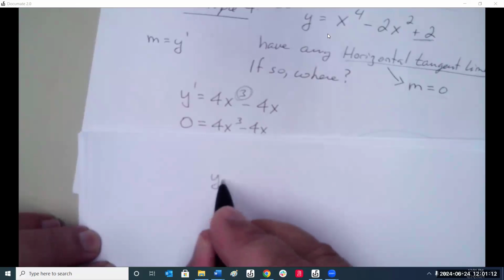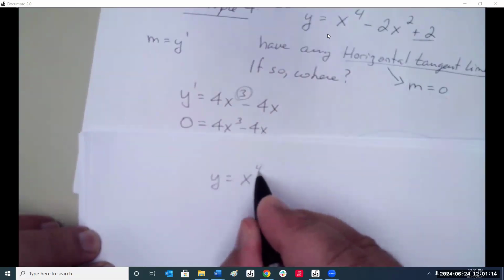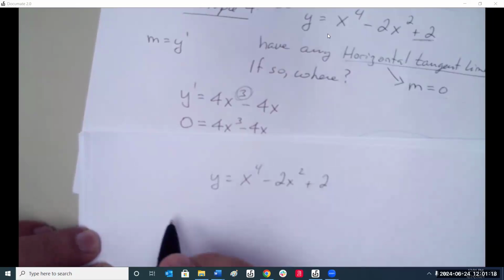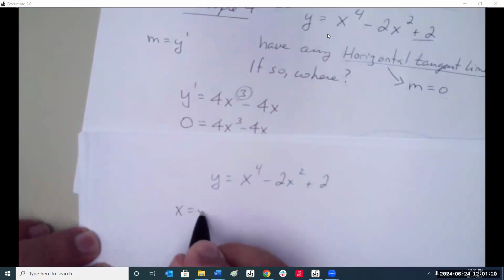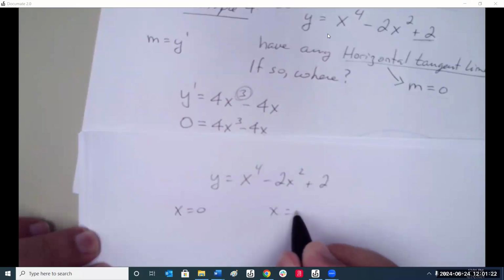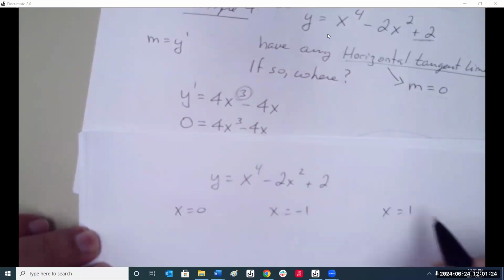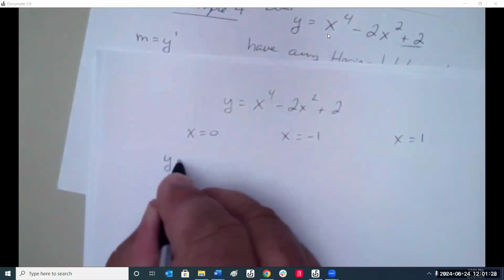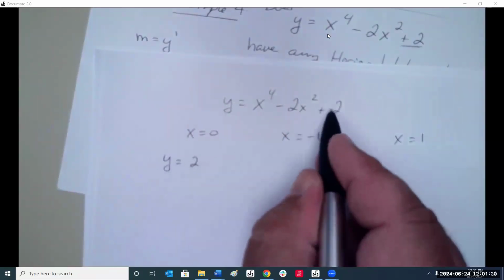So we have the function x to the fourth, minus 2x squared, plus 2. So if we plugged in 0, -1, and 1 in there, we get the y-intercept.